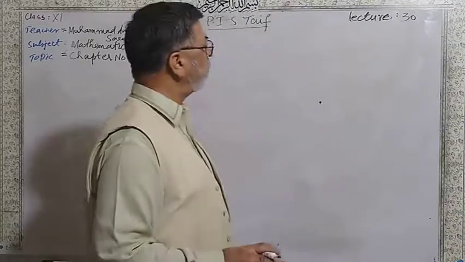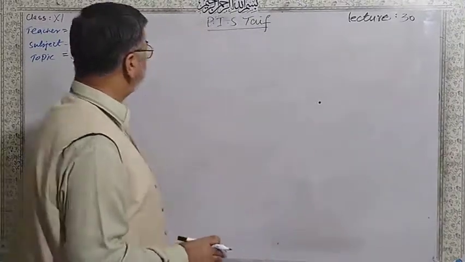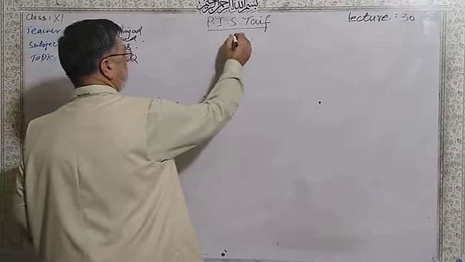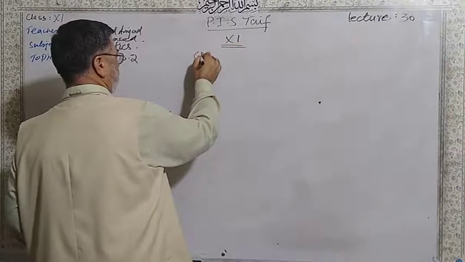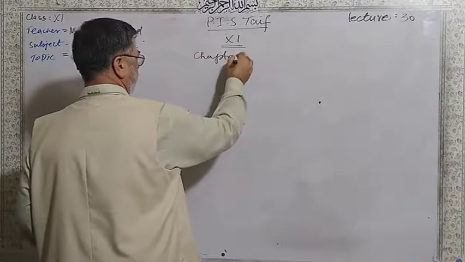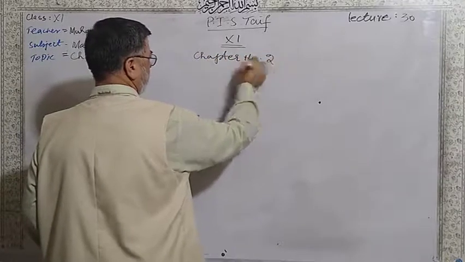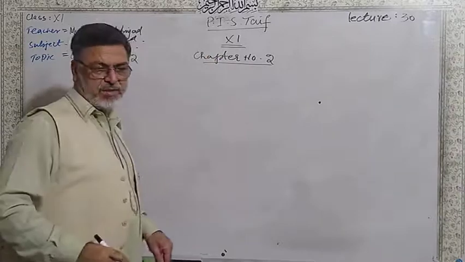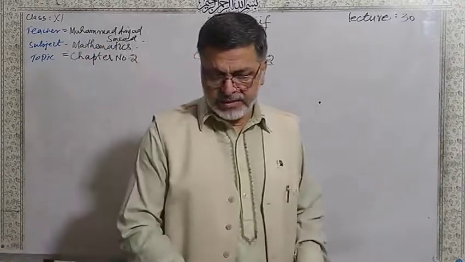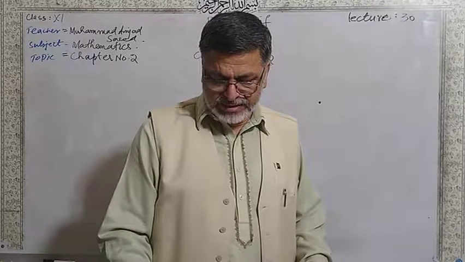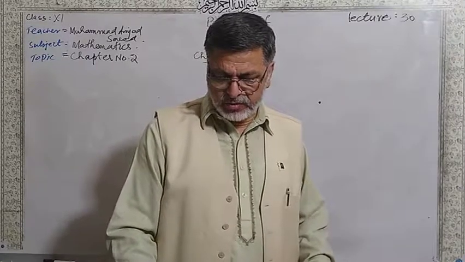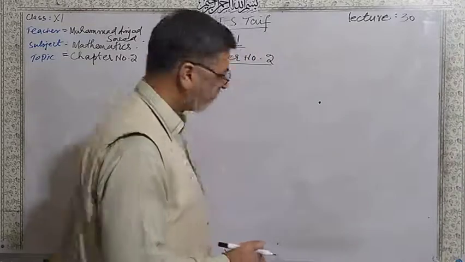Today we will continue our lecture number 30 for class first year, chapter number 2. Here we have exercise 2.6. Question number 1, for A is equal to 1, 2, 3, 4.